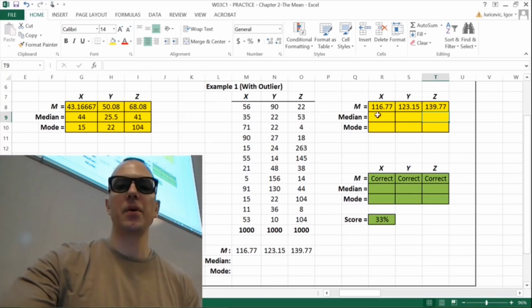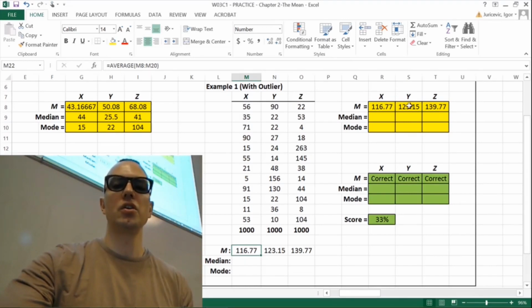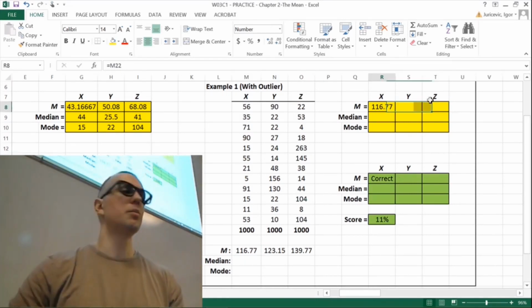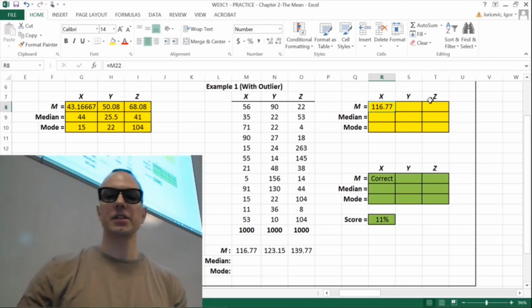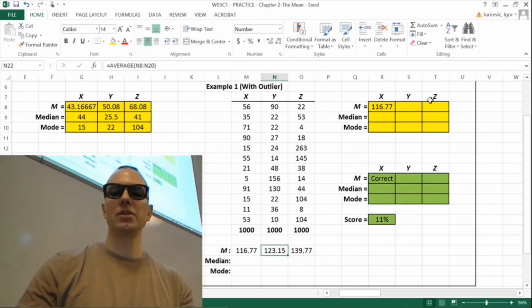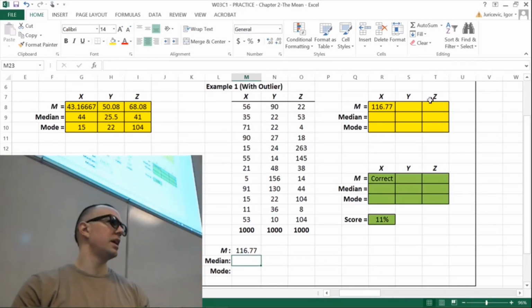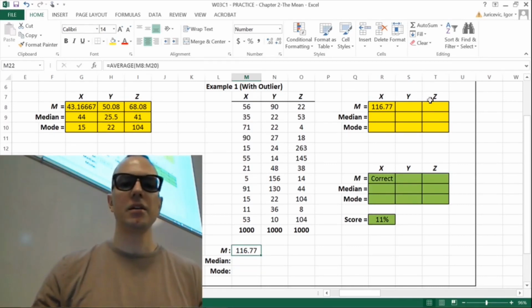You can do it with any function. You can do it with the mean, with the average. You can do it with the equals function that we use to put our answers into the answer cells. You can do it for the median, and you can do it for the mode. So if I was doing this in my lab, and I had 3 sets of data, 3 sets of scores, and I needed to calculate the mean, the median, and the mode for all of them, I would calculate the mean using equals average.